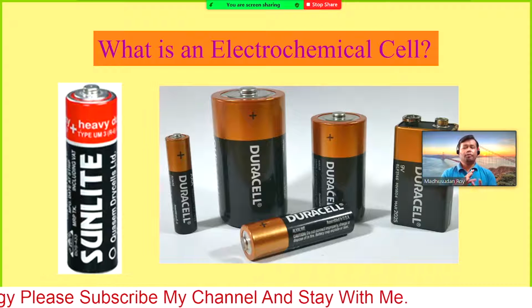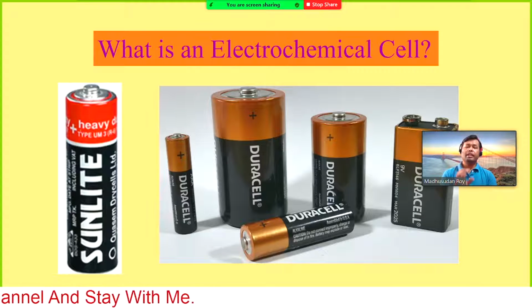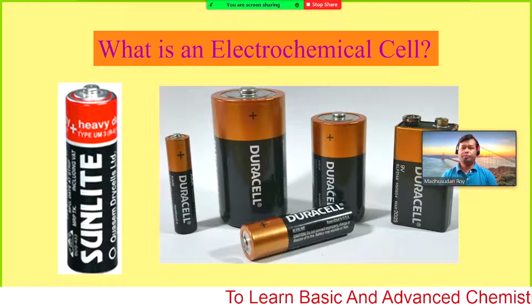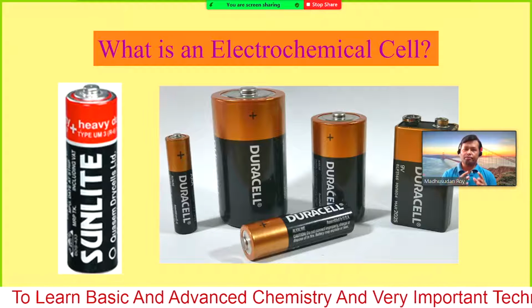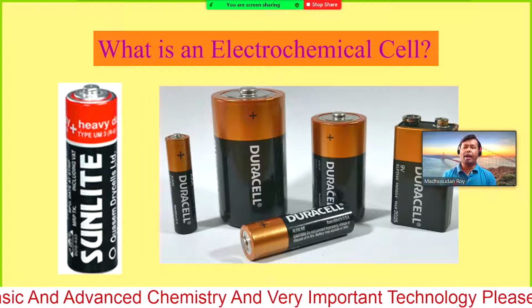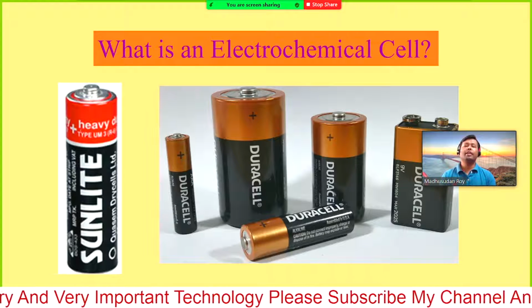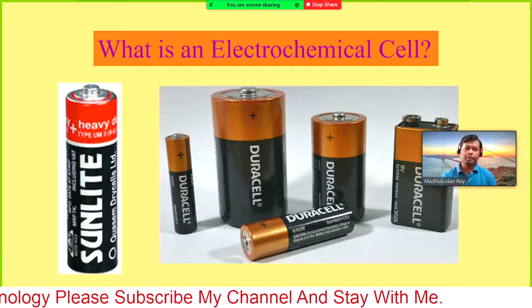So sometimes a reaction can produce electricity, or sometimes electricity can cause a reaction. That means, which one is spontaneous? If electricity is passed through the chemicals, then the chemicals will be separated or fragmented, or it will produce some ions. But when a chemical reaction produces some electricity, then we call it an electrochemical cell.